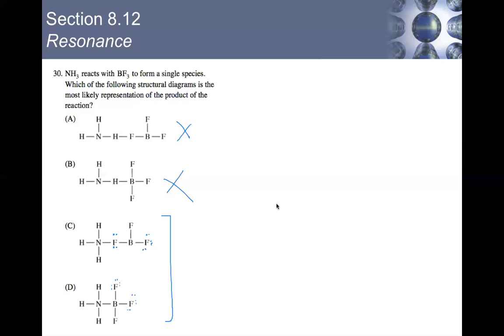Our formula for this is NH3BF3. What is that? 5, 3, 3, 21, 32. Is that right?